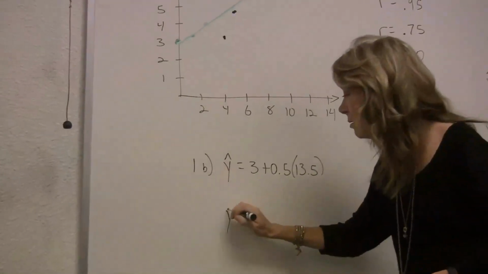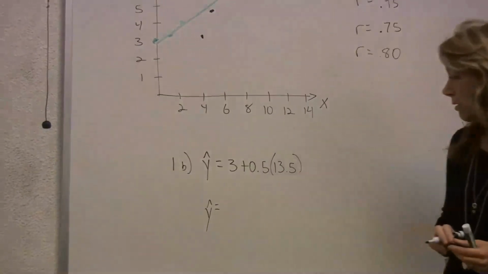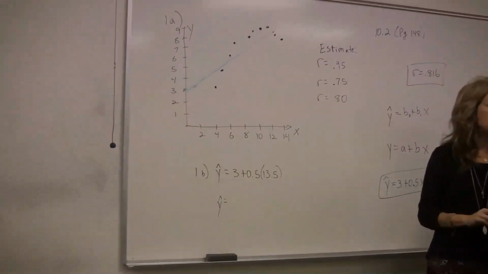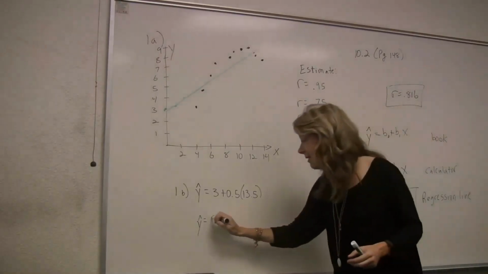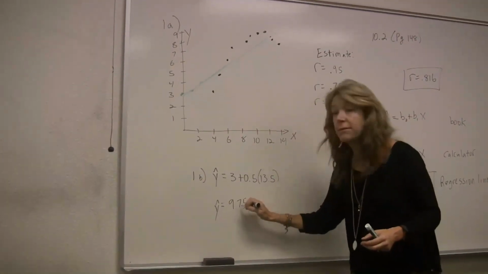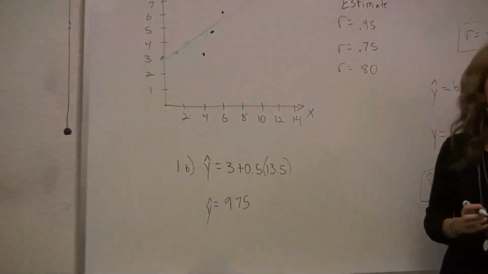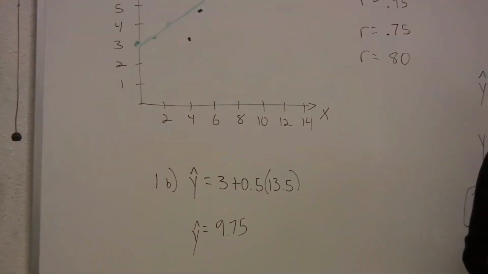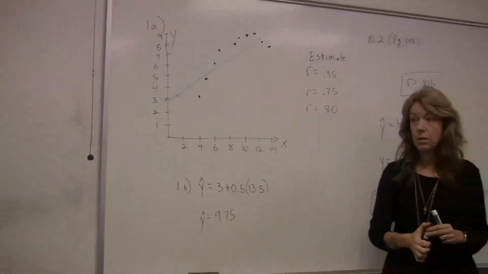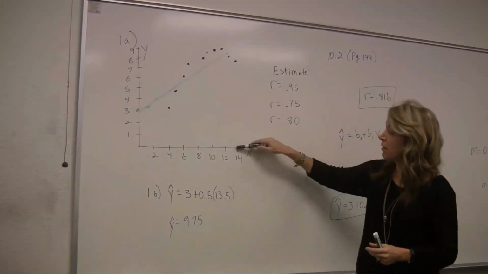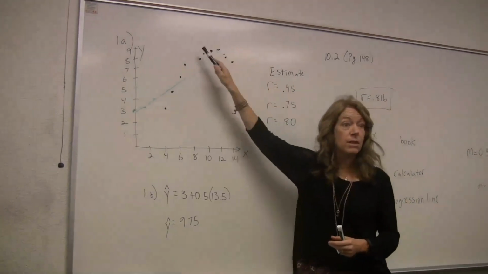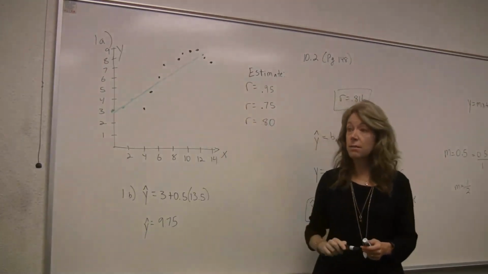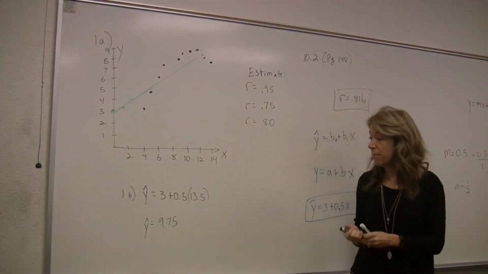And we will get, let you guys do that, 6.75 plus that 3, right? Oh, 9.75. Does that seem reasonable? If I'm at 13.5, does that look to be about 9.75? Looks like it is pretty much from my scale here. So this is my best prediction.